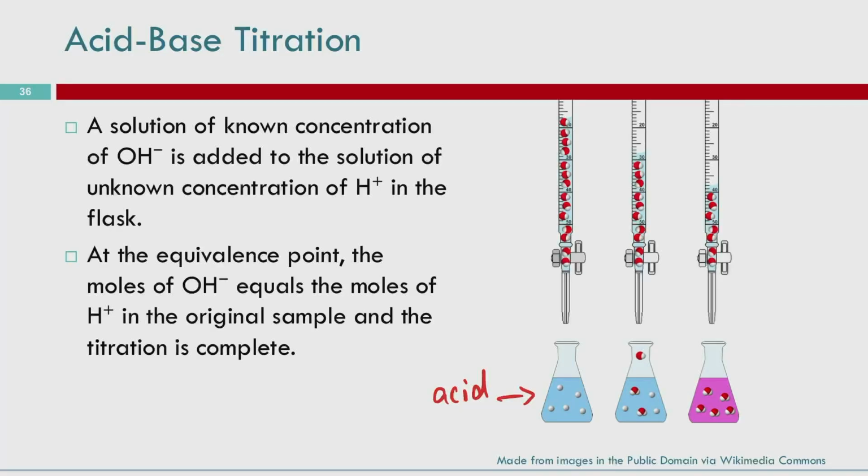So we've got our acid in the flask down below, and we've got our base in a burette. And a burette is just a tool for measuring the amount of substance that we titrate or that we add from the burette.